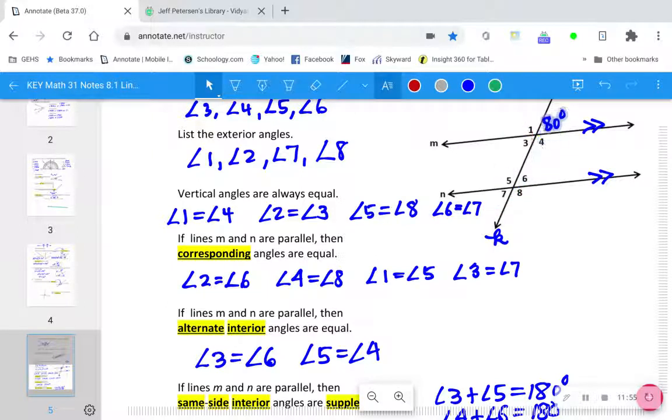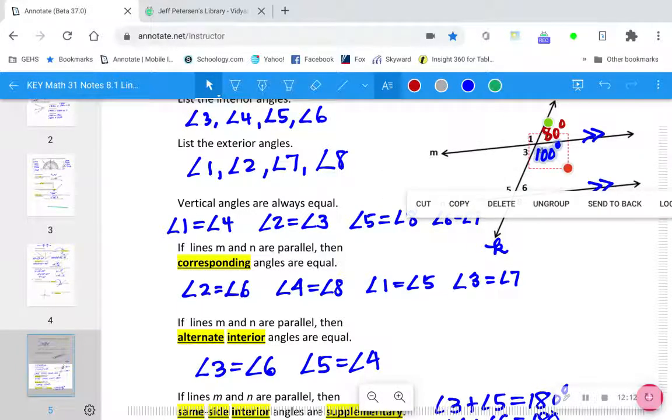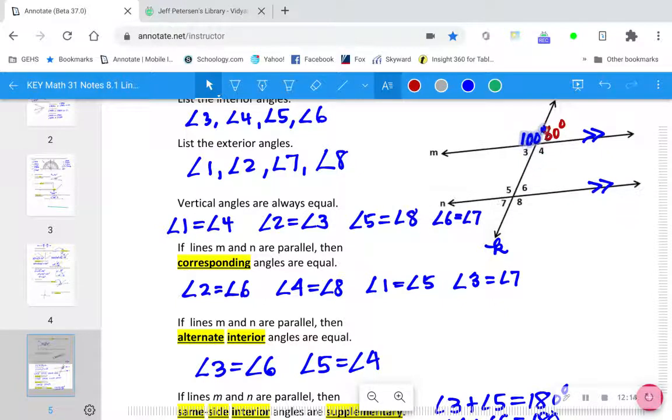Now the same would be true if I went over to the other side and made a 100 degree angle over here. That 100 degree angle would be the same as angle 4 because these are vertical, across from each other at an intersection.